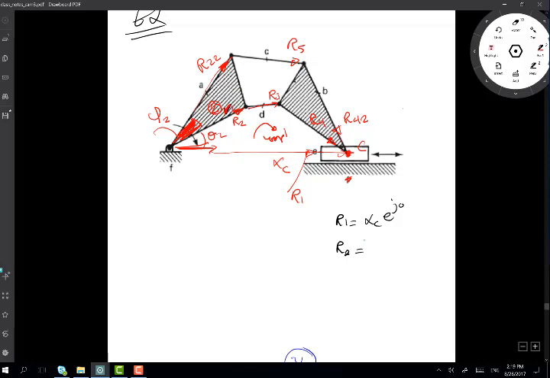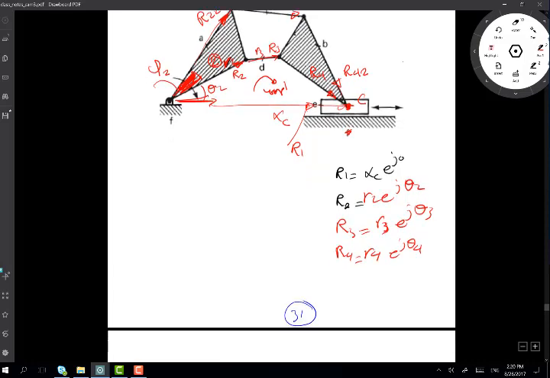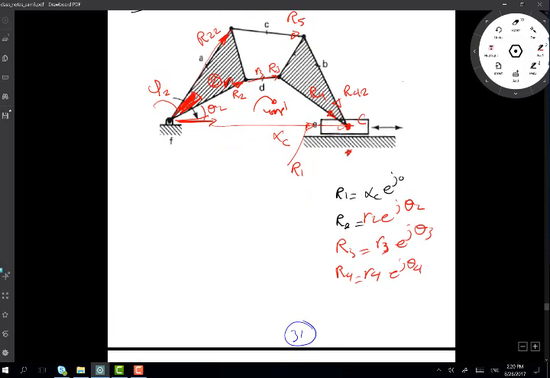That's R2: r2 e^(jθ2), and then r3 small, r3 e^(jθ3). That's variable. This will be R3, and R4 will be r4 e^(jθ4), and then I have other vectors I need. So this will give me very much my first loop.